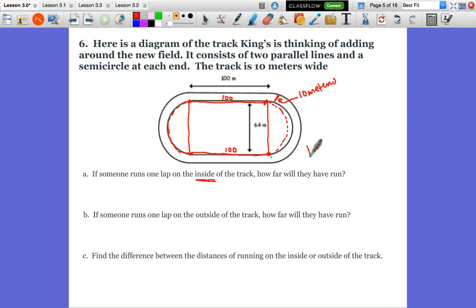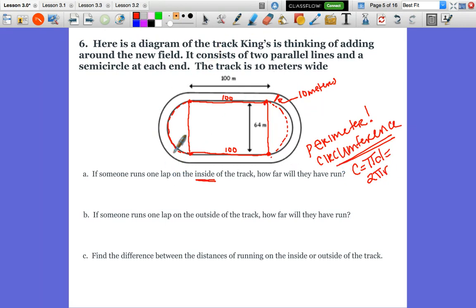This is perimeter. This question is a perimeter question, which we haven't done as much with. But if you remember, perimeter for a circle is called the circumference. Okay, and so to find the circumference of a circle, it's pi times diameter, which is the same thing as 2 pi r. So if I'm trying to find the distance around it.